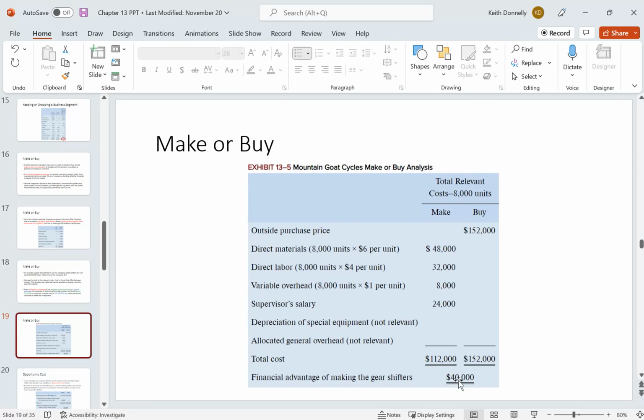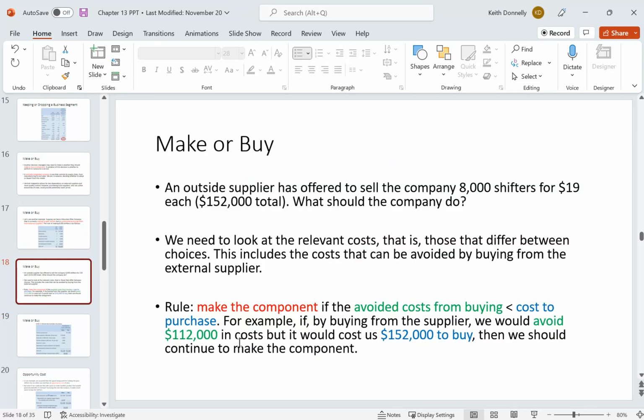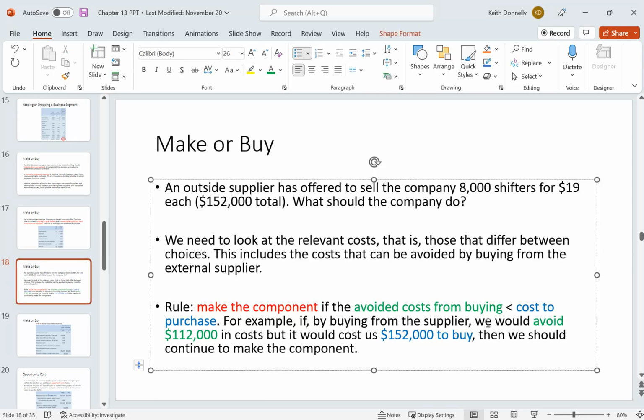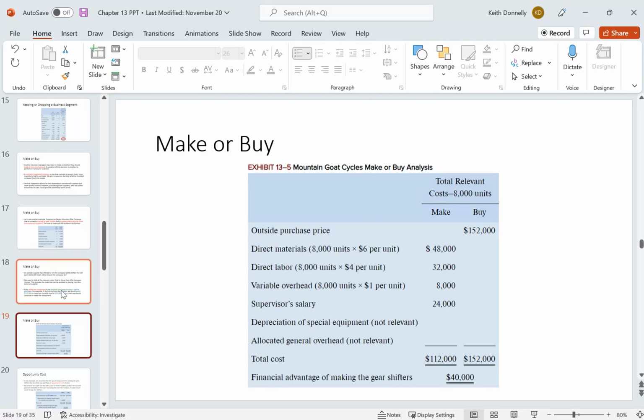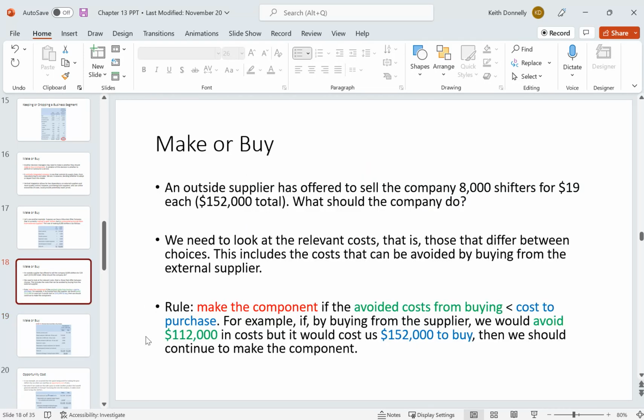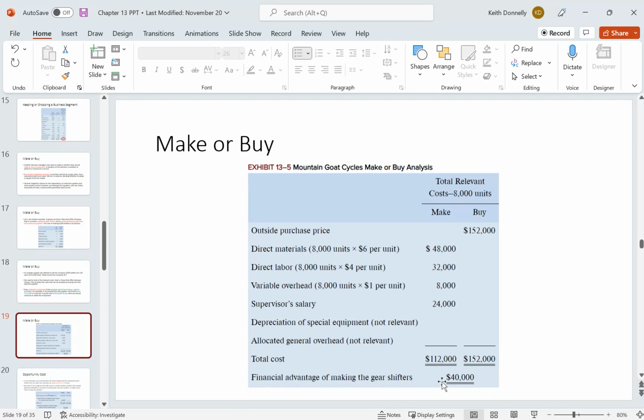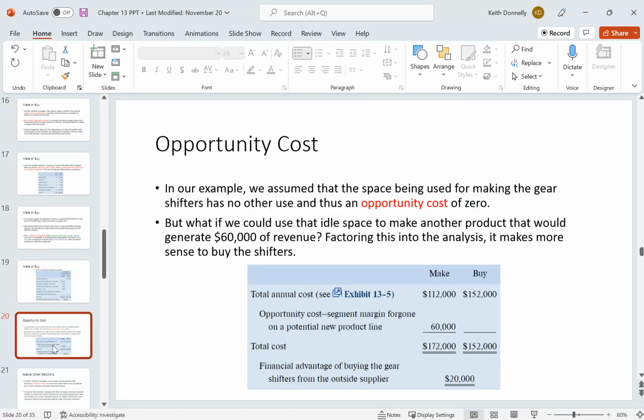So when you compare the relevant costs with buying it, it's actually cheaper to make the gear shifters. If by buying from the supplier we would avoid $112,000 in costs, that's less than purchasing it, so we should make it, which we do here, and that's showing a financial advantage of $40,000.